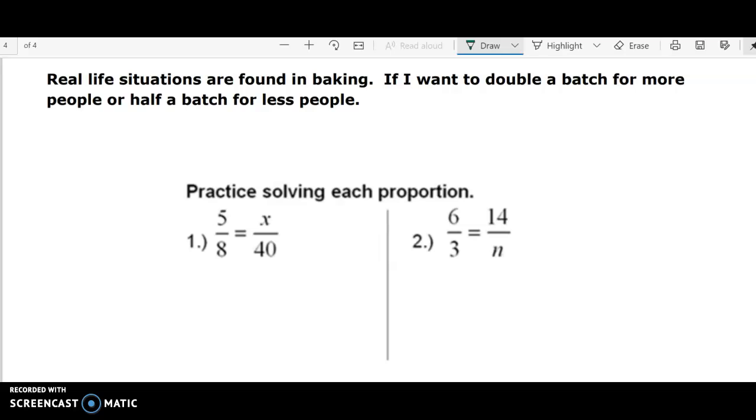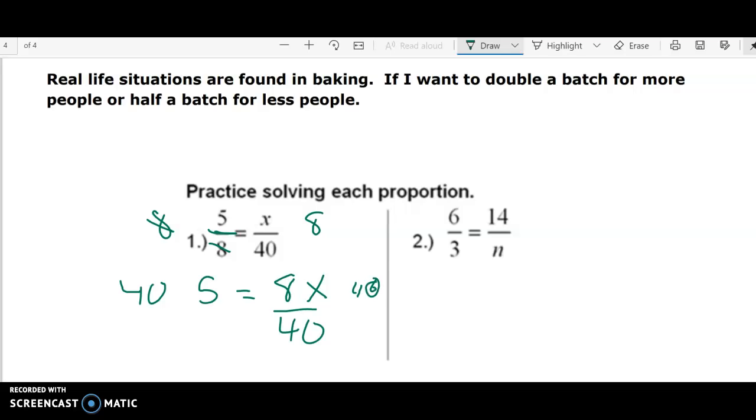Okay, so to get rid of a divide, I multiply both sides by 8. And 8 divided by 8 is 1. So I get 5 equals 8x over 40. And then I multiply both sides by 40.